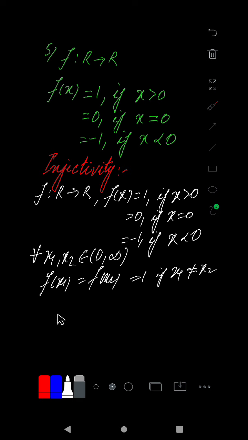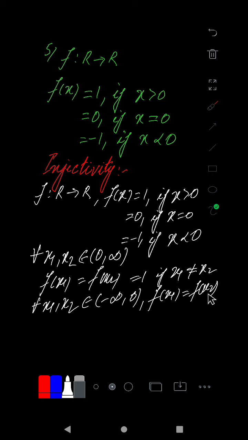So infinite numbers will have the same image in codomain, 1. In the same way, for all the values of x1, x2 belongs to (minus infinity, 0), f(x1) is equal to f(x2) is equal to minus 1 if x1 is not equal to x2. So f is not a one-one function.